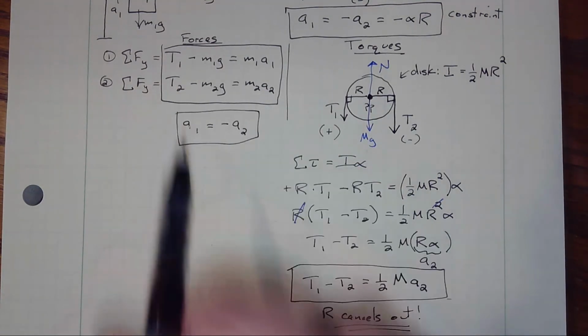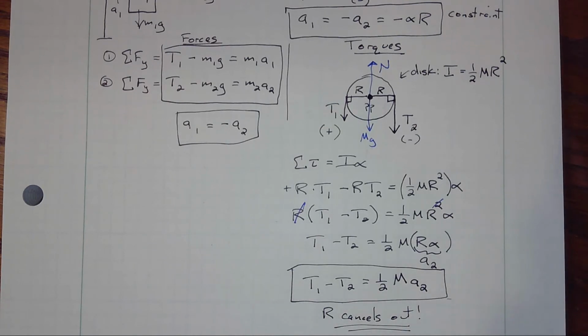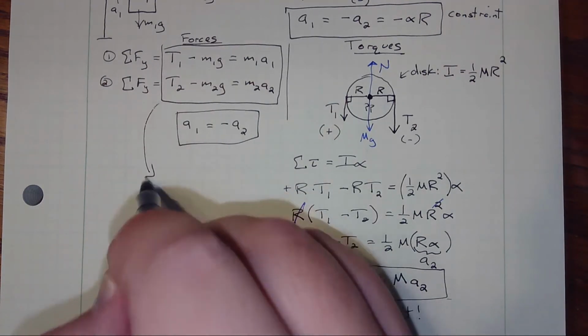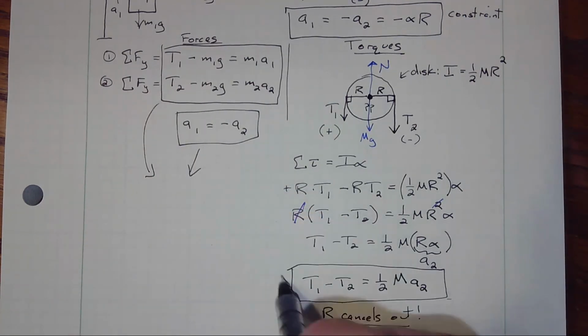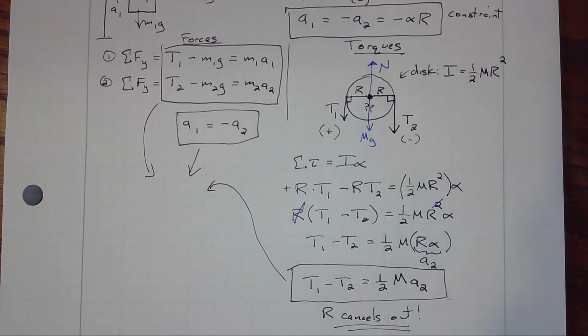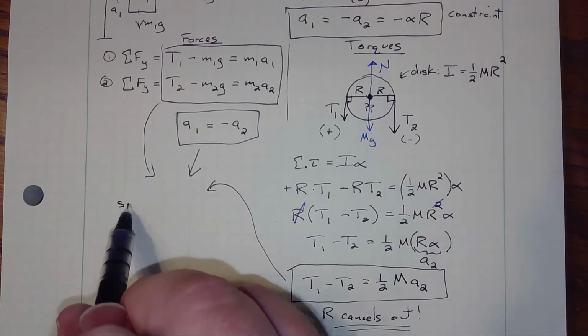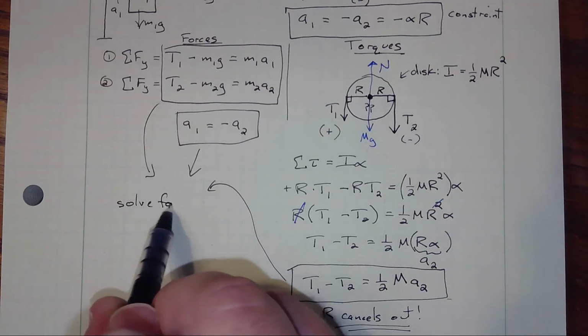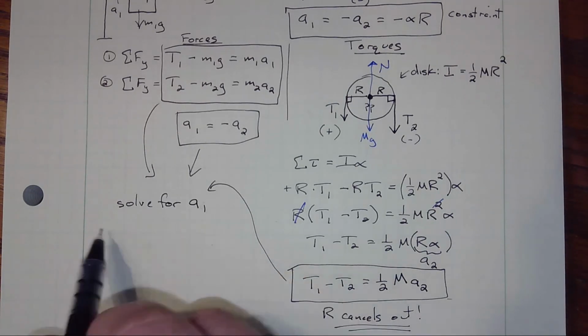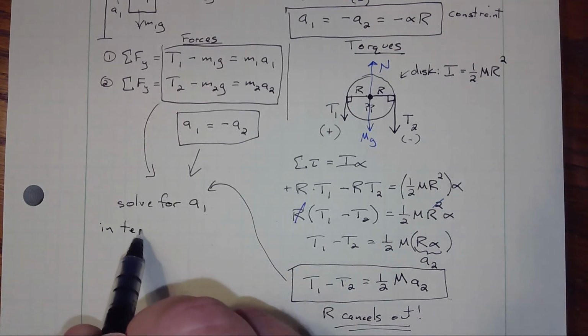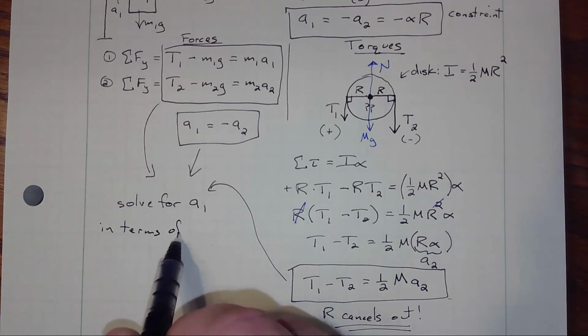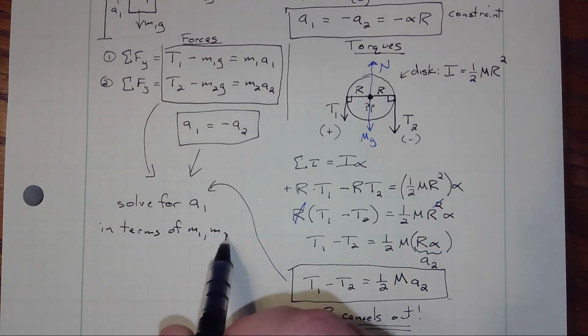Bringing all of these together, our two force equations, our acceleration constraint, and our torque equation, we can solve for our acceleration a1 in terms of each of these masses, m1, m2, and capital M.